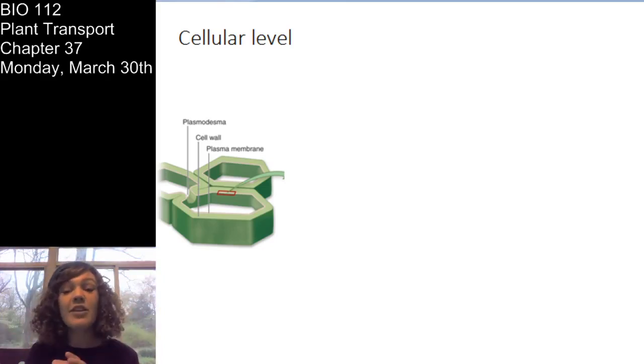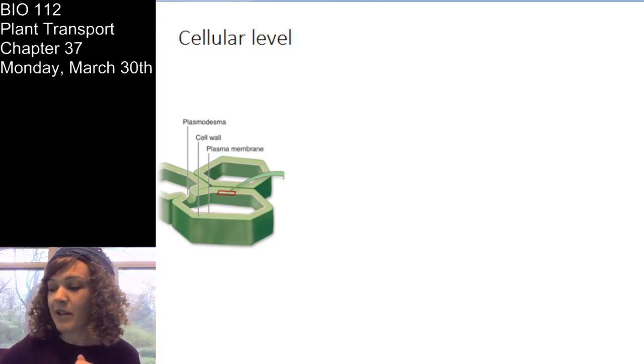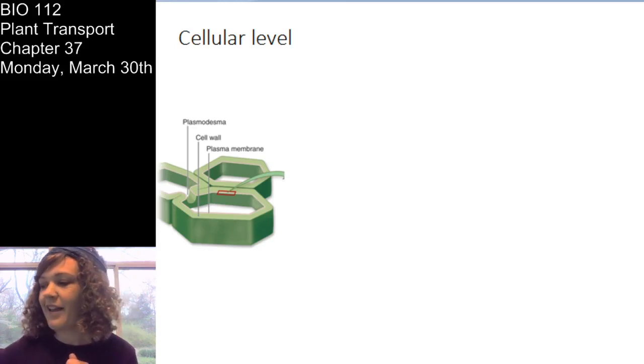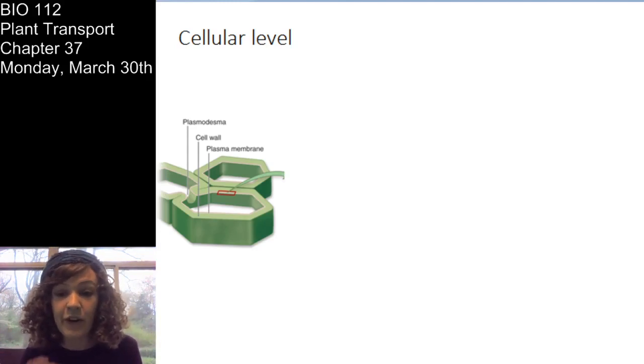All right, so let's talk about water movement at the cellular level. Your book, I actually have it close to me so I can tell you pages to refer to. We're talking about water transport at the cellular level, and page 758 has the various modes of water movement, so make sure you're very familiar with that.